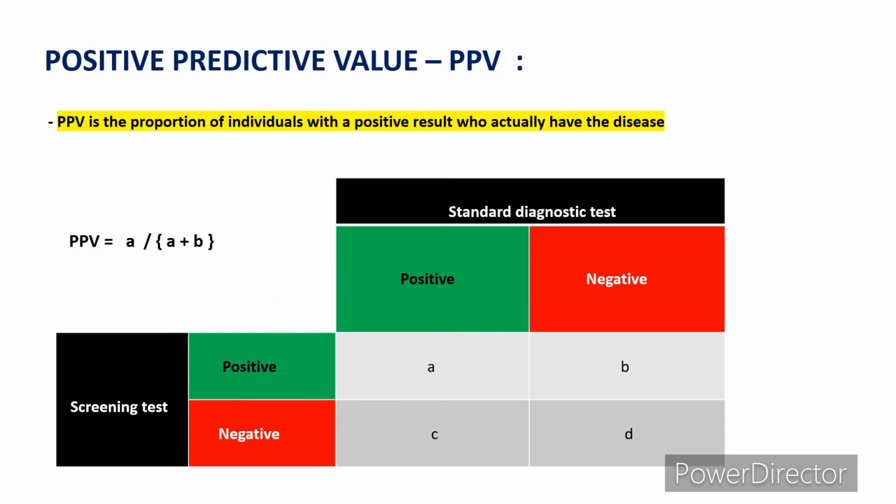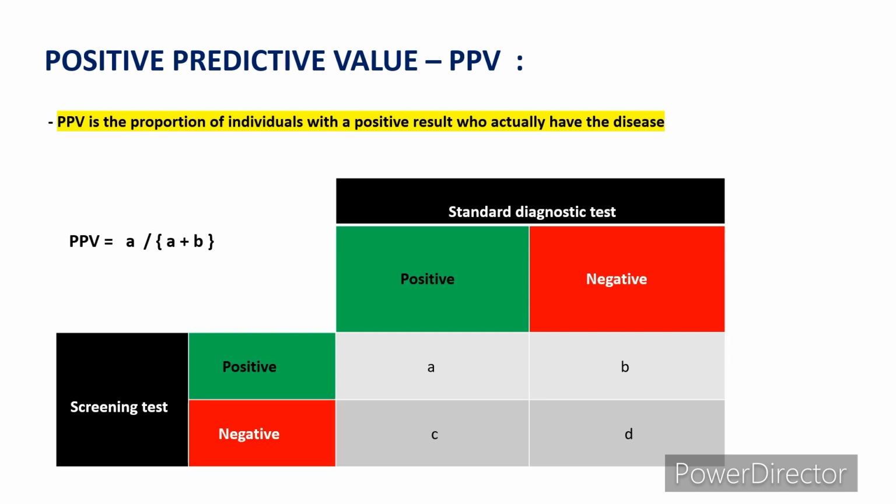Now coming to the predictive values, the first one is the PPV, or positive predictive value. It is the proportion of individuals with a positive result who actually have the disease. Individuals with a positive result according to the screening test are A plus B, right? Out of these A plus B cases, how many actually have the disease as diagnosed by the diagnostic test?